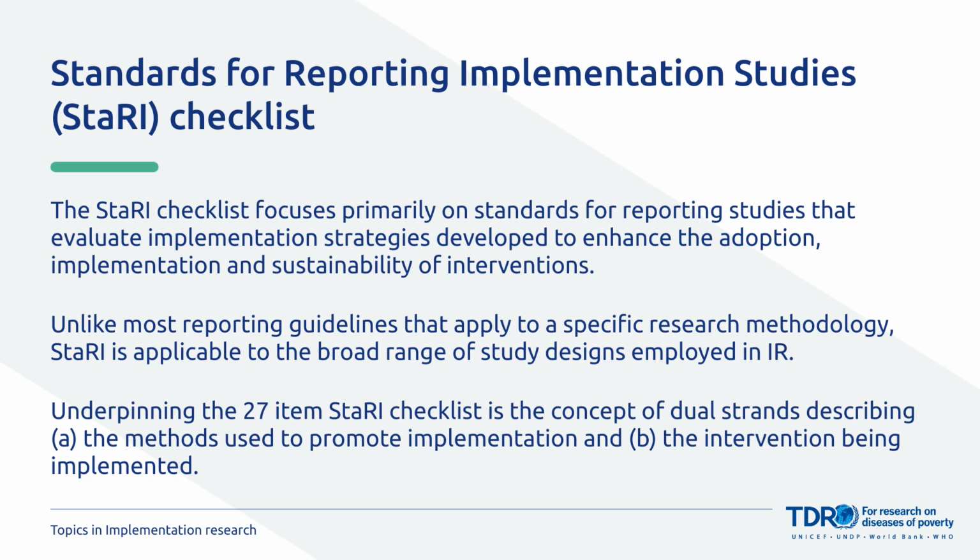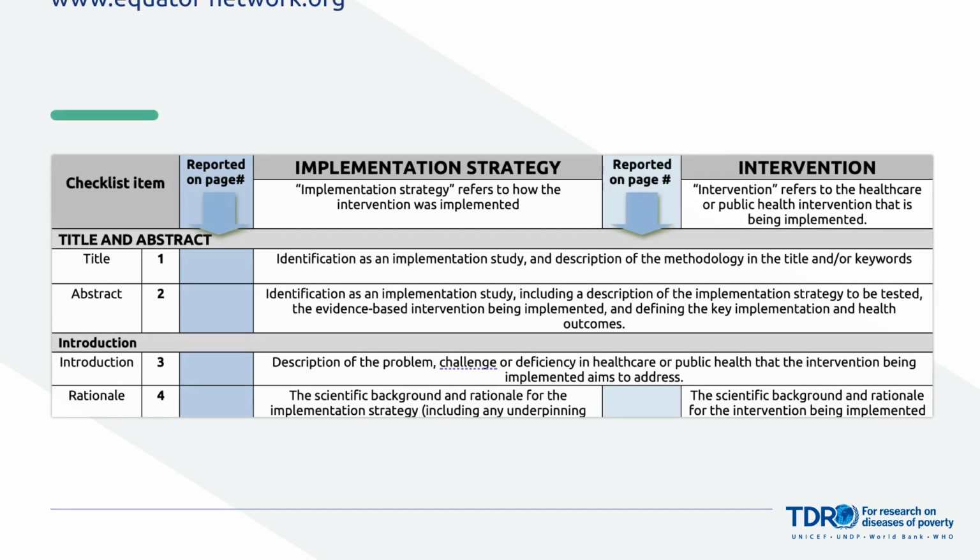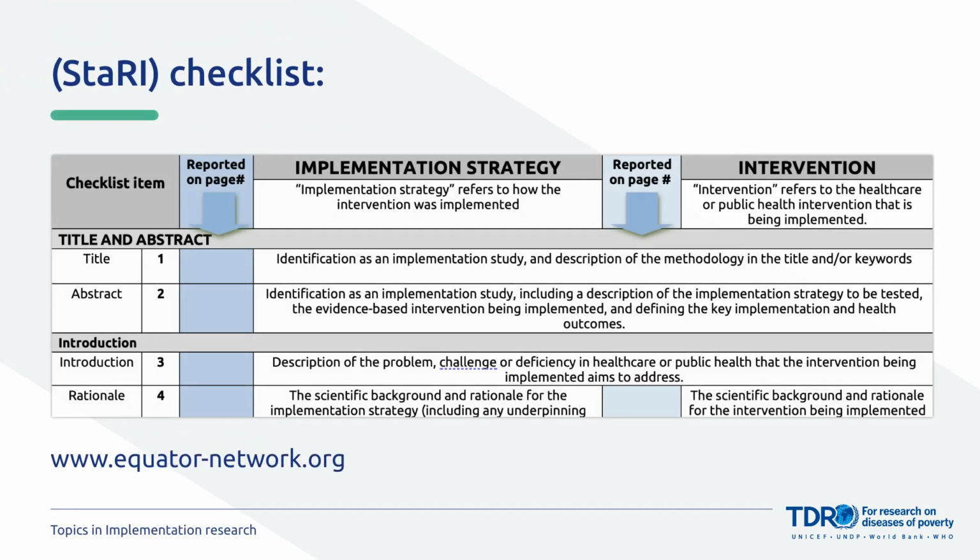Unlike most reporting guidelines specific to certain methodologies, STARI is applicable to a wide range of study designs used in implementation research. The STARI checklist consists of 27 items and revolves around two main strands, describing the methods used to promote implementation and the intervention being implemented. For a detailed description and explanation of the STARI checklist, visit the Equator Network website.